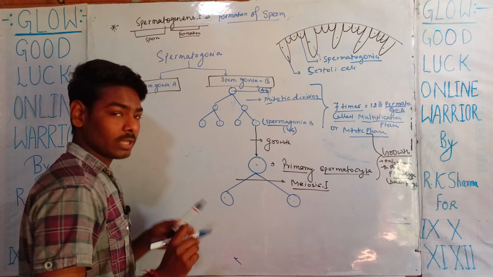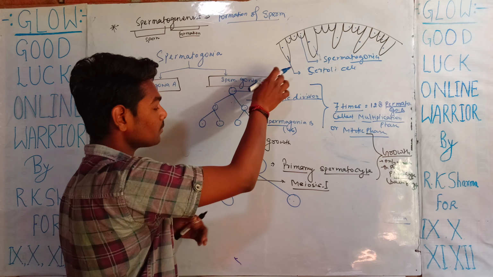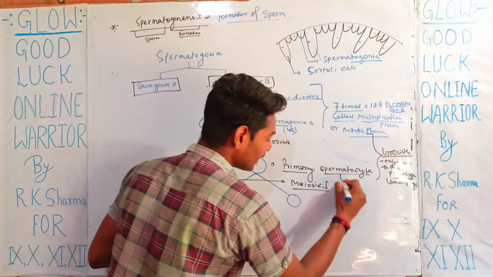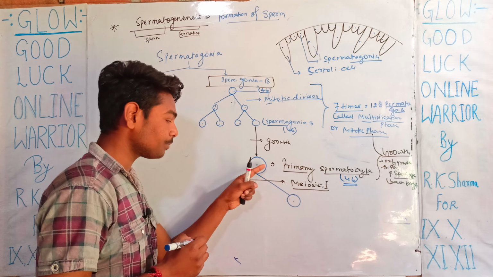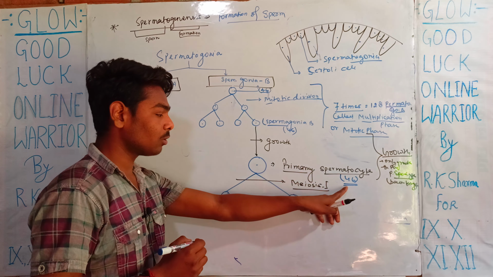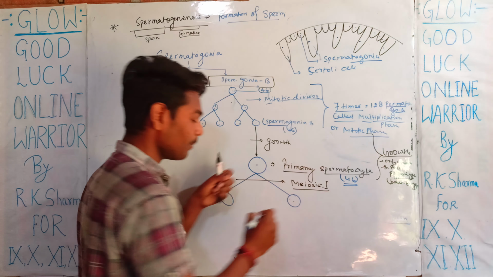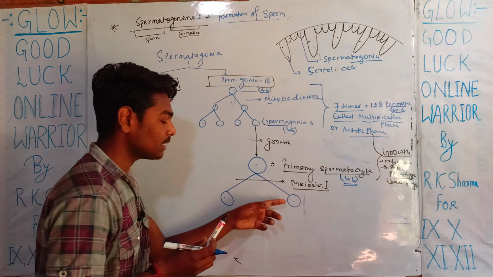We know that whenever meiosis occurs, the number of chromosomes becomes half, because they have 46 chromosomes, they also have 46, and they also have 46. It will be asked in the examination how many chromosomes are in the primary spermatocyte. So it is 46.